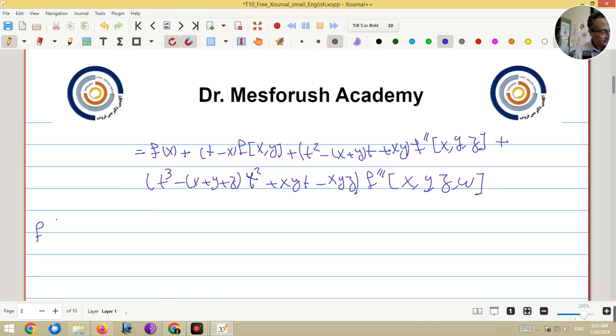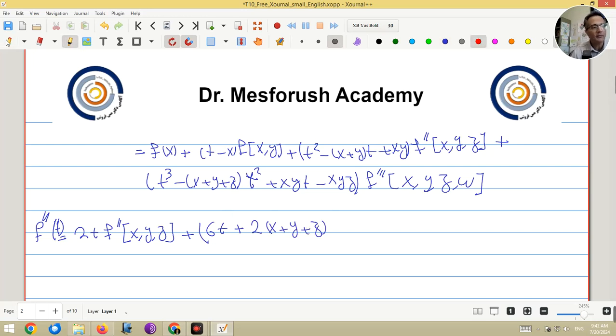I will get f double prime equal to 2 times f double prime x, y, and z, with respect to t, of course. And from this one, if we take the second derivative, it will be 6t minus 2 times x plus y plus z, and it should be, of course, minus, not plus.